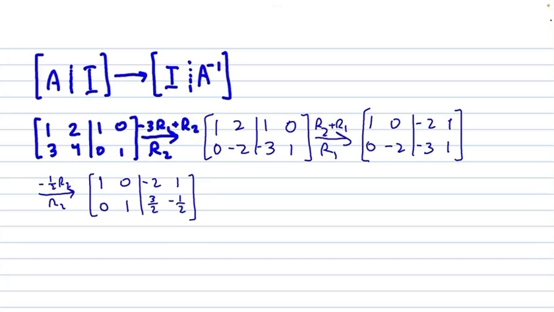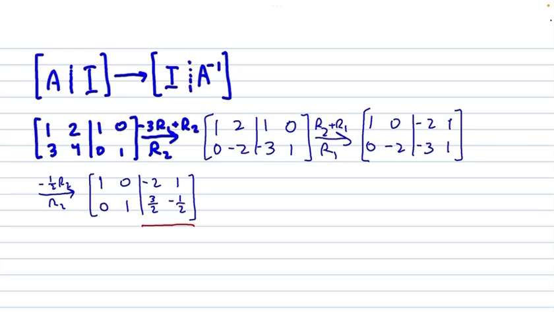So now the inverse of 1, 2, 3, 4 is this: -2, 1, 3/2, and -1/2. Because we've turned the matrix A into the identity matrix, and the same operations have turned the identity matrix into the inverse.